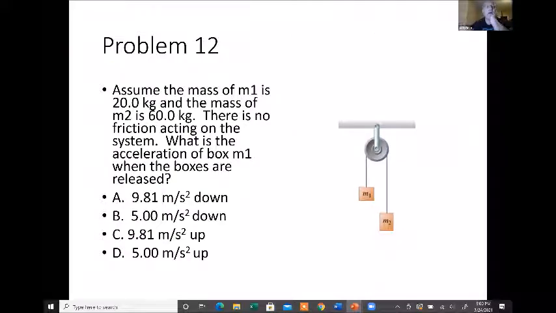So let's think about, let's just think about one of the boxes. I'm going to think about box M2. So we know that it's 60 kilograms, which means it has a weight of 600 newtons.